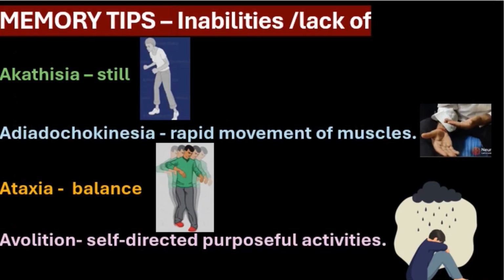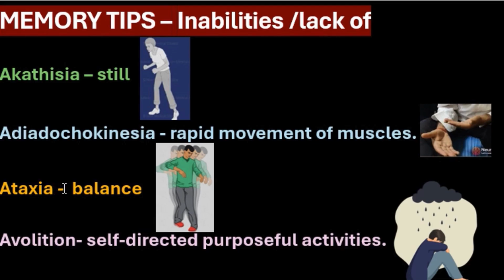So, here you can see the memory tip with some diagram. All these are inabilities or lack of, that you have to remember. Akathisia, inability to stand still. Adiadochokinesia, inability or lack of rapid movement of muscles.